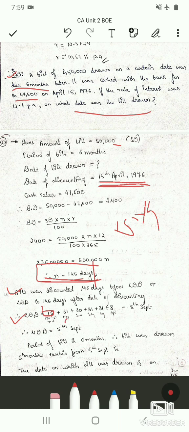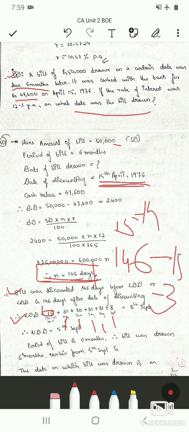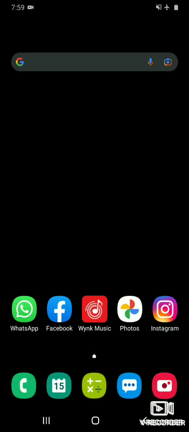Then May has 31, June, July, August, and 8 days. So what you do? Take 146 in your calculator. First subtract 15, then whatever answer remains, subtract the next month's days, that is 31, and then again, so let me show you.